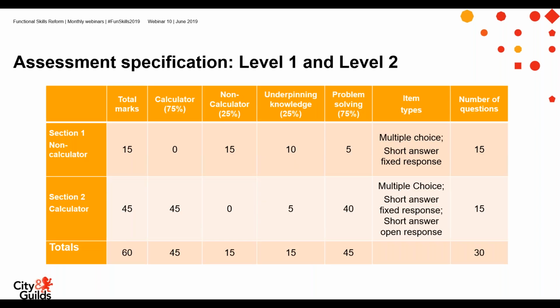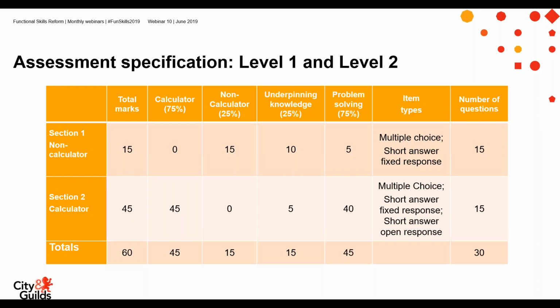And to touch on the assessment spec, again, if you've been to the events, you'll be familiar with this, but if you haven't, probably worth understanding that maths at level 1 and level 2 is a single exam, but with 2 distinct sections. The non-calculator section and then the calculator permitted section.